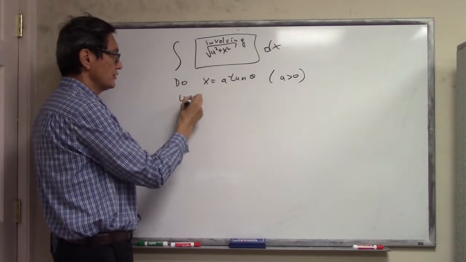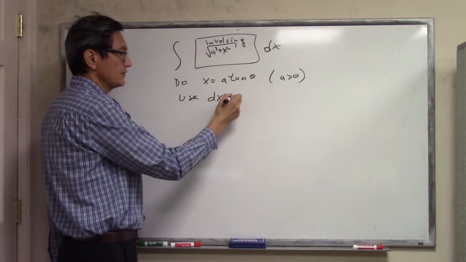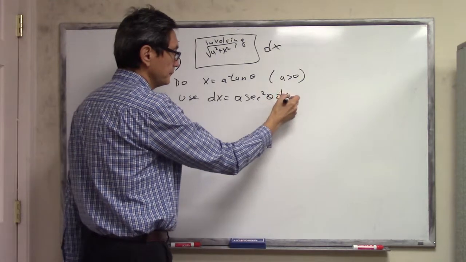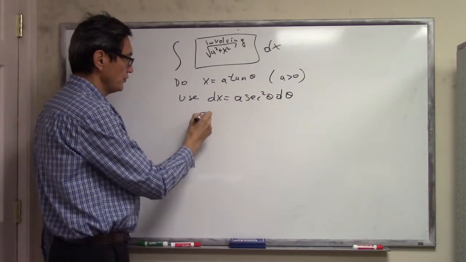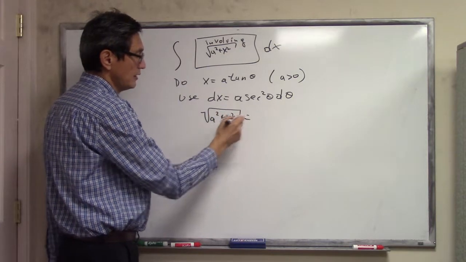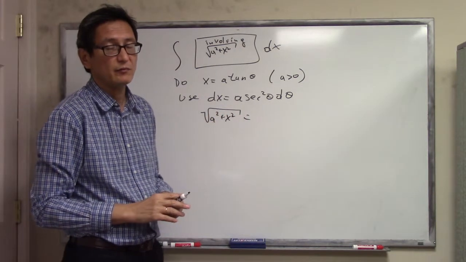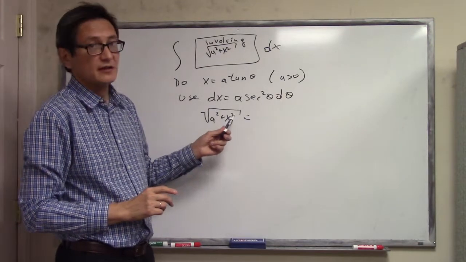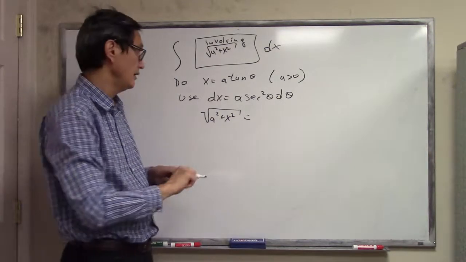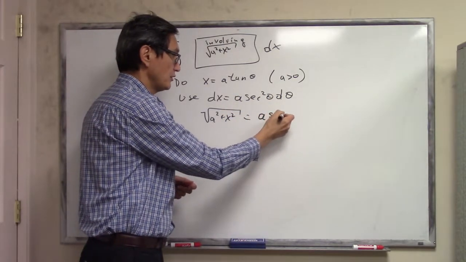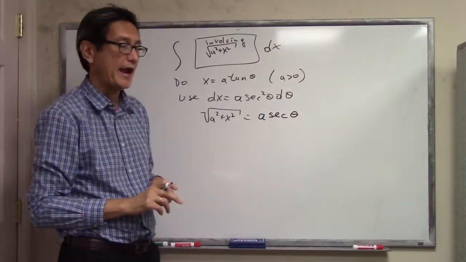We're going to use the fact that dx equals a secant squared theta d theta. And also we're going to use that the square root of a squared plus x squared, similar to what we did in the previous example, is going to give us a squared secant squared theta under the square root, and because we assume that a is positive, and at the same time we want the assumption on theta, we're going to get a secant theta.